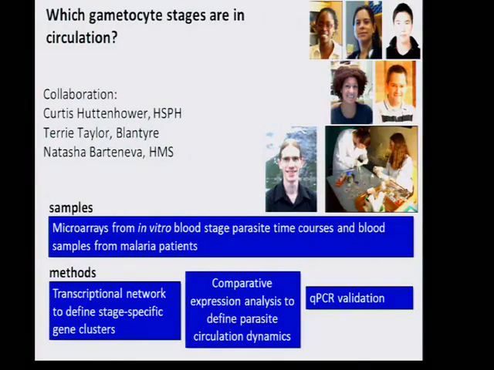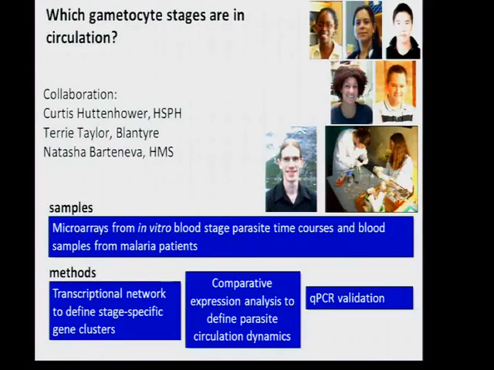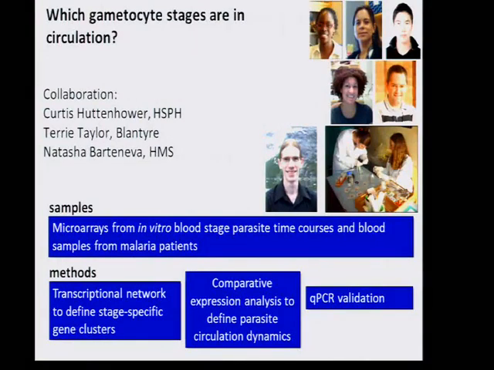So basically the idea was, if we analyze published in vitro microarray data, so in vitro time courses from asexual and sexual parasites, and compare them with peripheral blood samples from malaria patients, again microarray data that's already published, and then look at the differential expression of genes across the life cycle, could we then determine which stages are present in circulation and which stages are absent, and then basically validate that by qPCR.